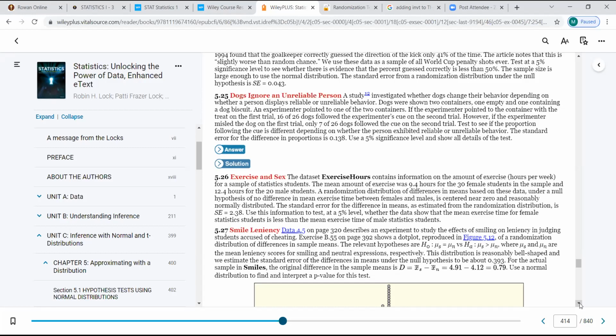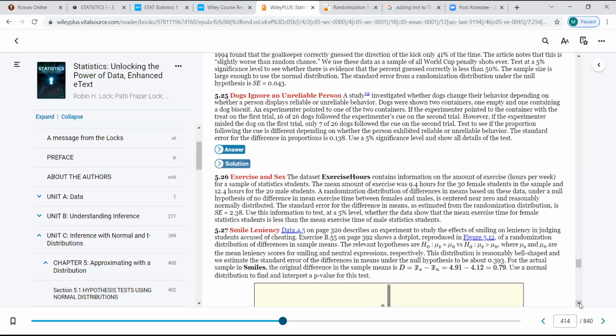Test to see if the proportion following the cue is different, depending on whether the person exhibits reliable or unreliable behavior. So this is a difference in proportions question. The alternative hypothesis says, excuse me, there's a difference between the 2 groups. That means not equal.